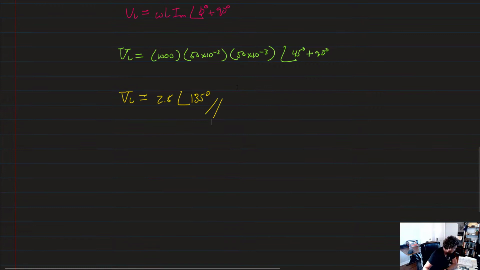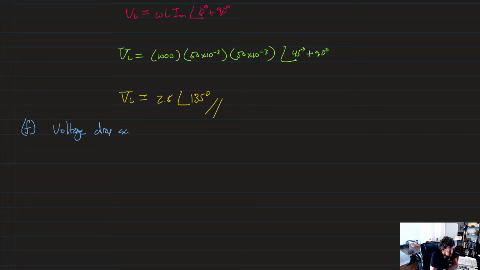What I'm going to call part F, this is actually where we get into the next example in the textbook, but I'm just going to call it part F, wants to know what is the voltage drop across the entire circuit, and it wants it as a phasor, by the way.